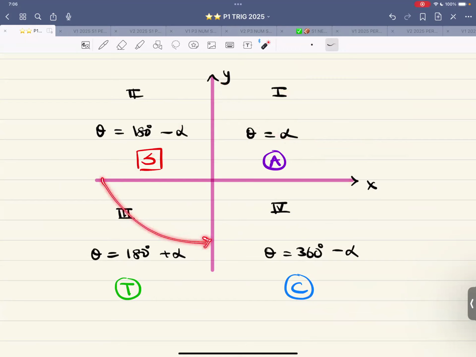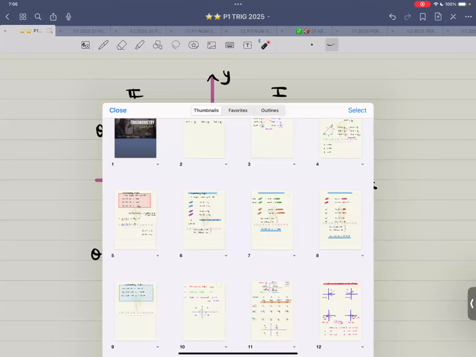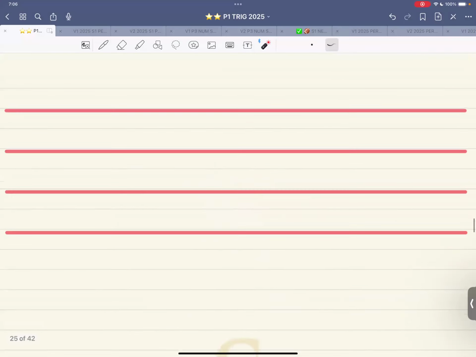The third quadrant is 180 to 270. And the fourth quadrant is 270 to 360. So just focus on this. First quadrant, all ratios are positive. Second quadrant, only sine. Third quadrant, only tan. Fourth quadrant, only cos.